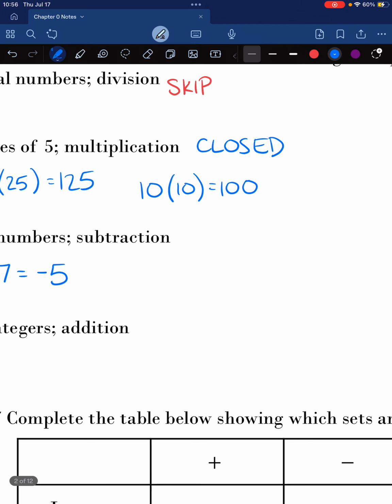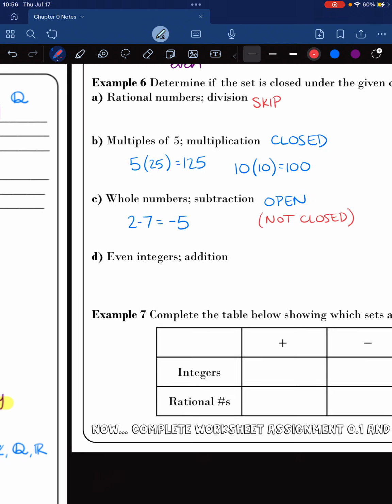So it looks like this is not closed, or we can also say open. Most of the time on ACT, though, you're going to see them say not closed, or it does not have closure. But you can say open, it's faster.